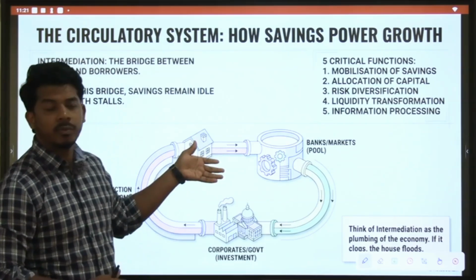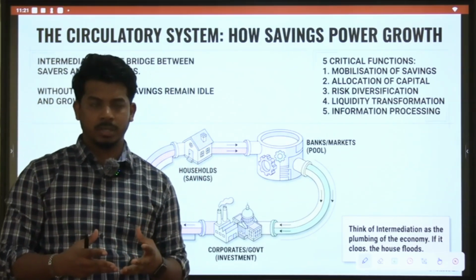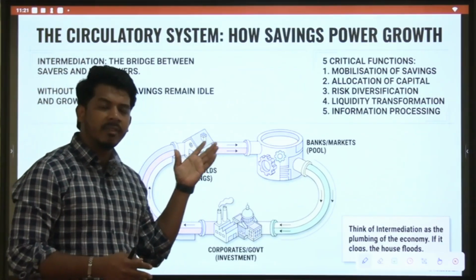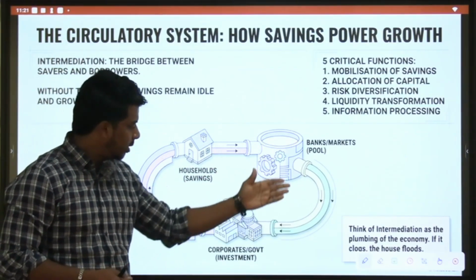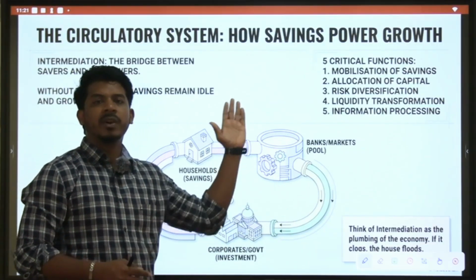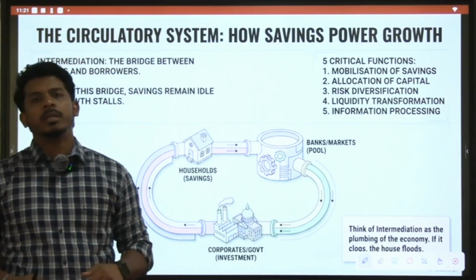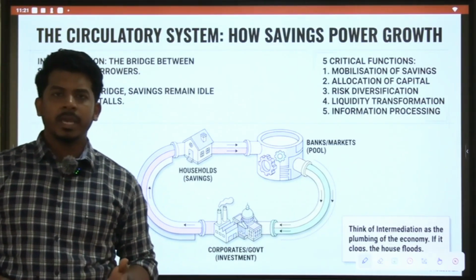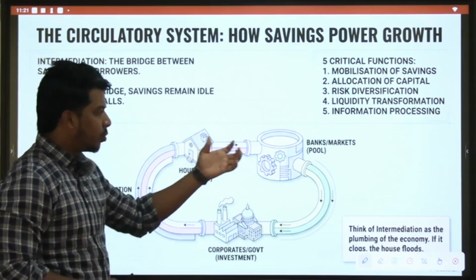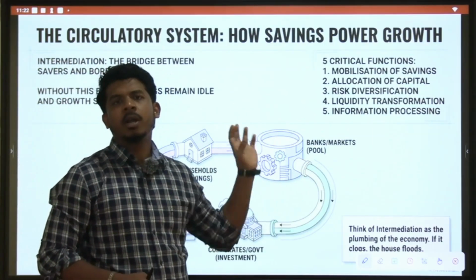So money in its normal form we call money or cash. When you convert these savings, excess money, into investment, it is called finance. Okay, so this is the financial system. All the institutions, banks, NBFCs, RBI, all of the institutions involved in this process together are called the financial system.